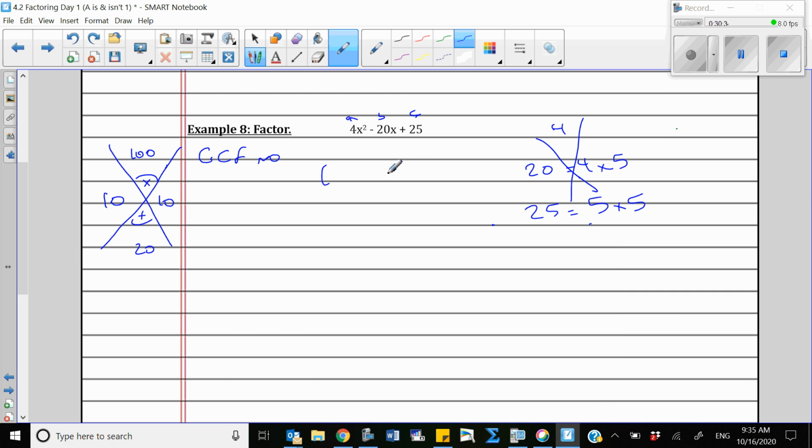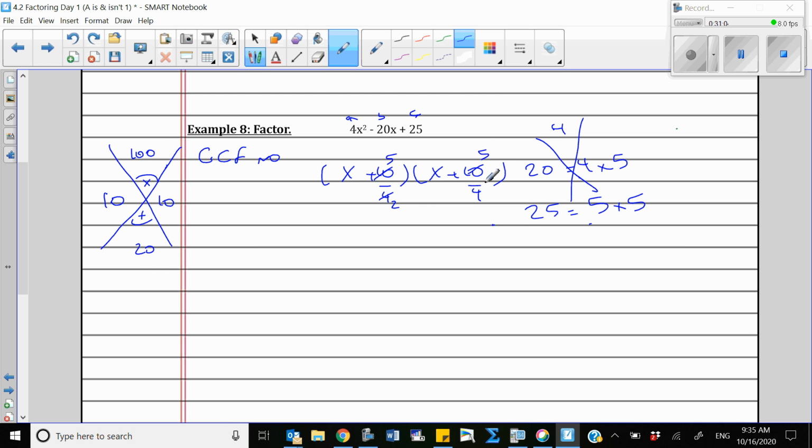Okay, so I'm going to write the parentheses here, x, and then write the 10. Then we need to divide by the a value. They are not dividable, but I can simplify them. 10 divided by 2 is 5. 4 divided by 2 is 2.